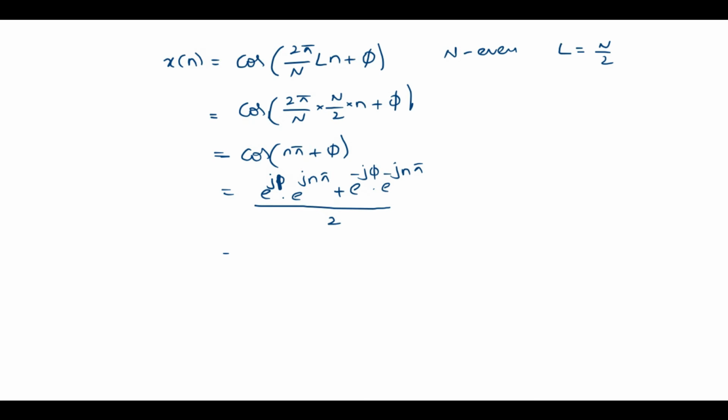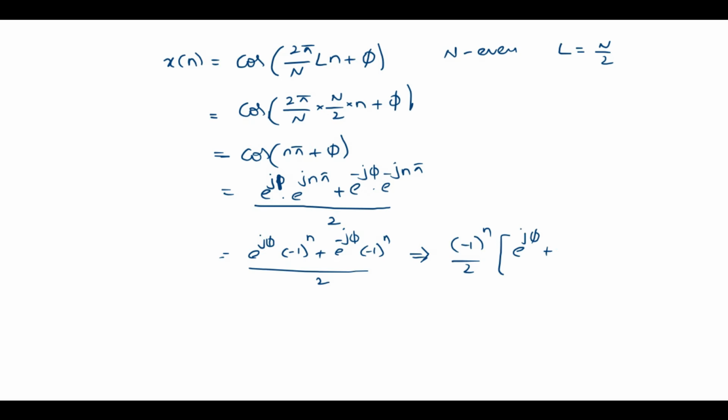Here e power j n pi value is minus 1 whole power n, and e power minus j n pi is also minus 1 whole power n. So you can take minus 1 whole power n by 2 as common, that is e power j pi plus e power minus j pi divided by 2, which is cos pi into minus 1 whole power n. This is your signal x of n.